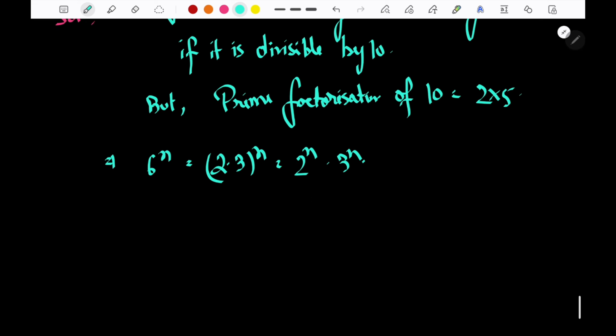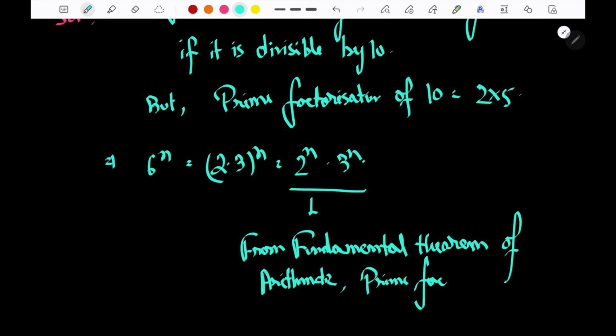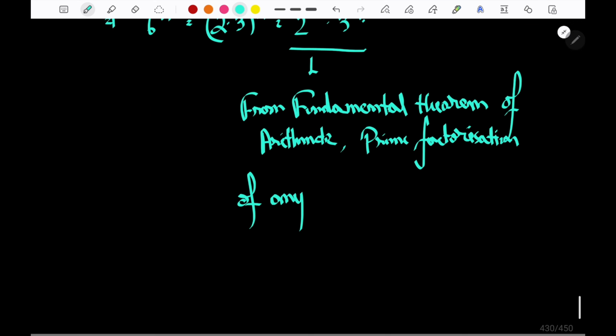Now we know that from the fundamental theorem of arithmetic, what do we know? We know that this prime factorization is unique. Prime factorization of any number is unique.